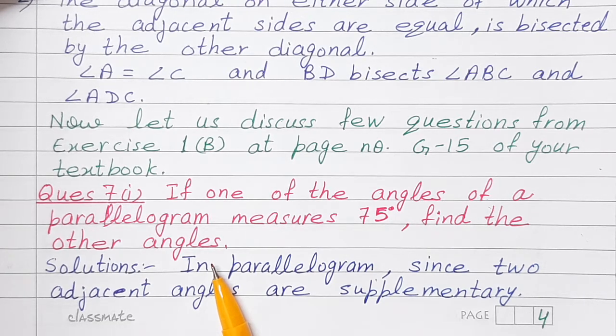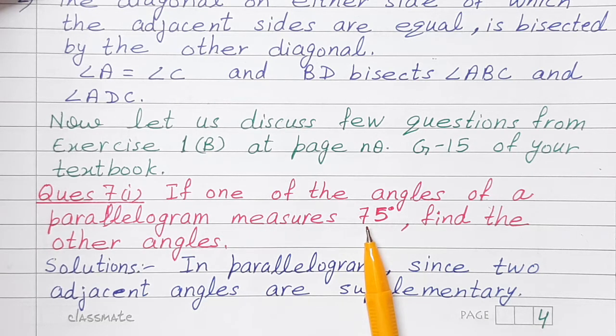Children, we know that in a parallelogram opposite angles are equal, as well as the sum of two adjacent angles is supplementary. Supplementary means 180 degrees, right?